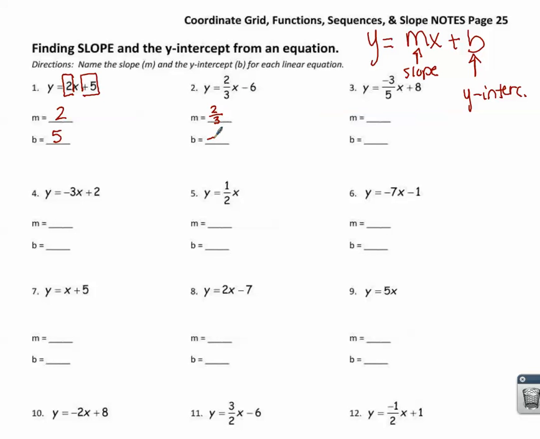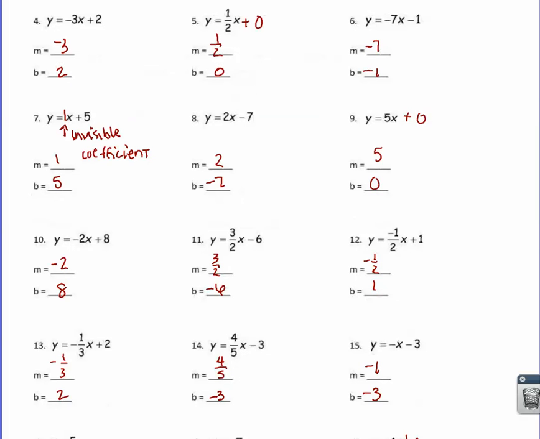Your y-intercept is -6. In example 3, your slope is -3 over 5, and your y-intercept is 8. Pause the video and go through and finish this page. Check your answers with the following problems.